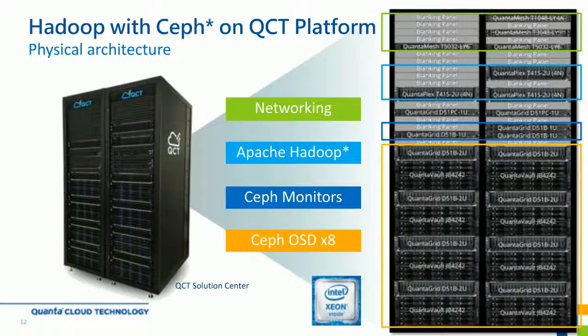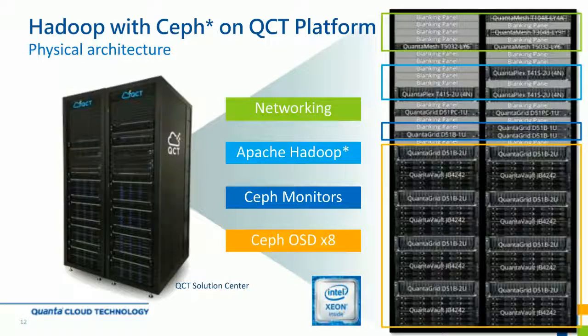Okay, as you can see here, this is the full rack layout. It's in two racks in the Quanta Solution Center in San Jose, and at the top we have the Quanta switches.